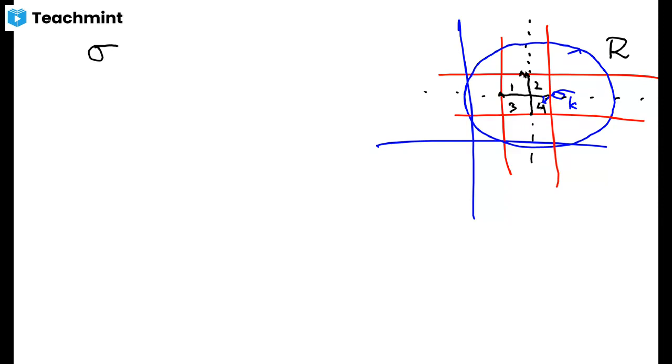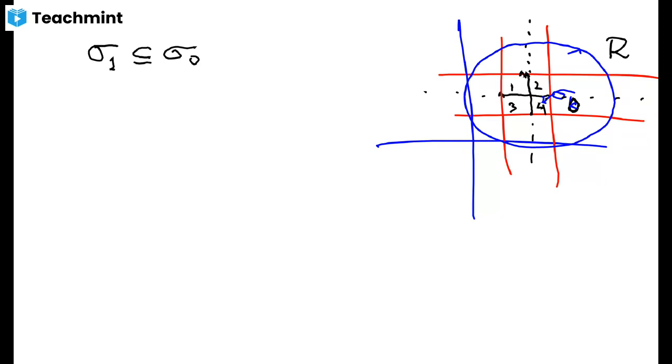Let it not be sigma k, let it be sigma naught, because at the first stage we have found this square, and I have to find another also. And again, let us choose another subsquare inside this square, contained inside sigma naught, over which the inequality doesn't hold.